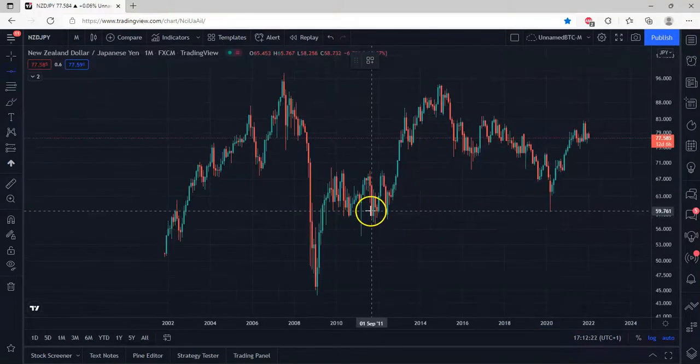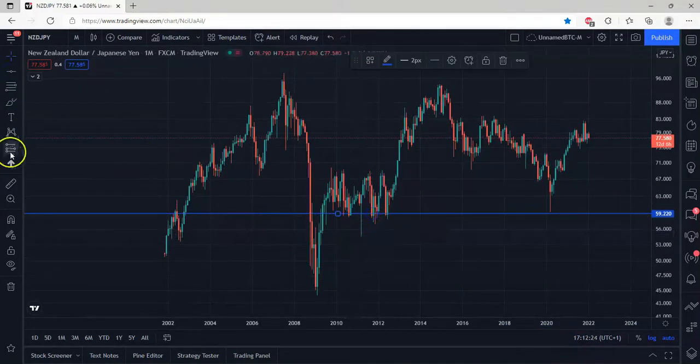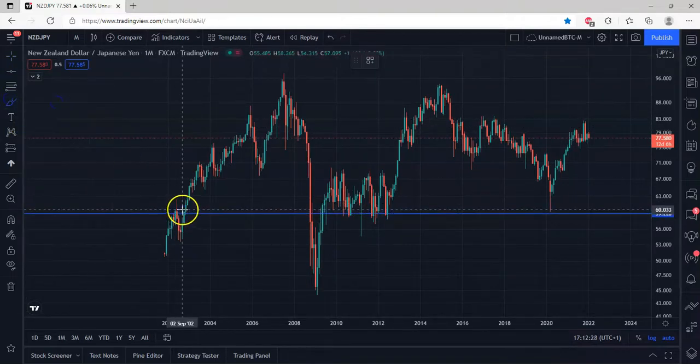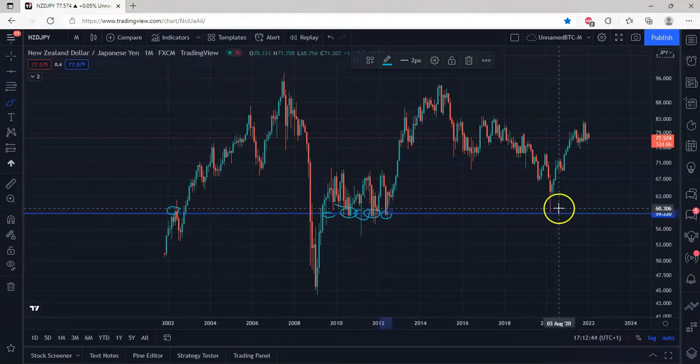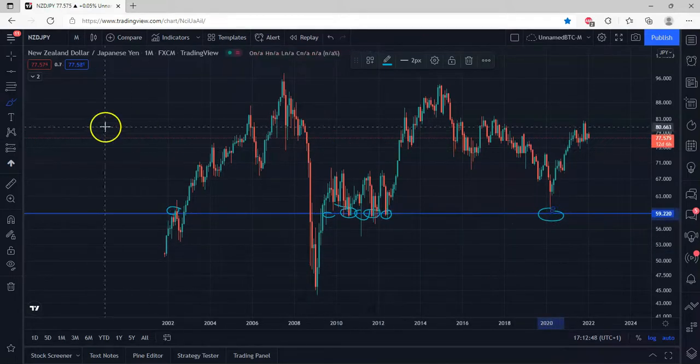Another example, probably here, because there's a bounce here, almost somewhere here, several touches here, it bounced here, it had a fake here, several touches here, and another bounce here. And that's how you spot support and resistance.